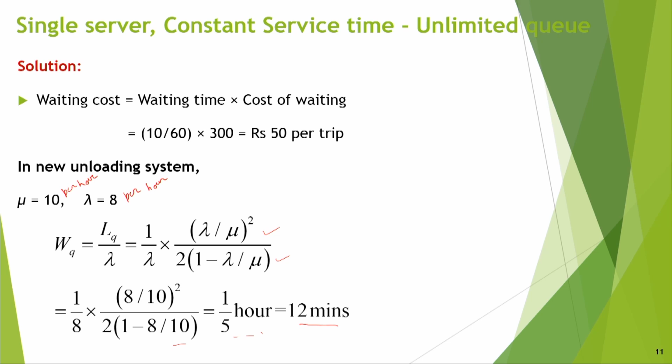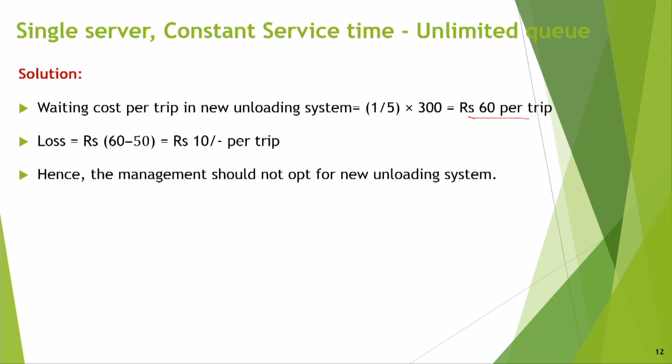So, basically the loss will be rupees 60 minus 50, that means rupees 10 per trip. Hence, the management should not opt for the new unloading system. The new unloading system in this case is not justified.